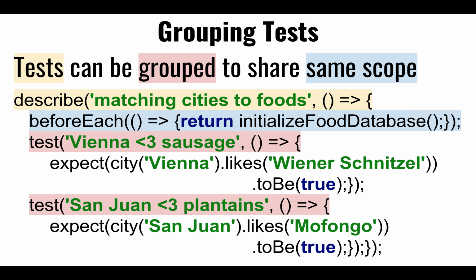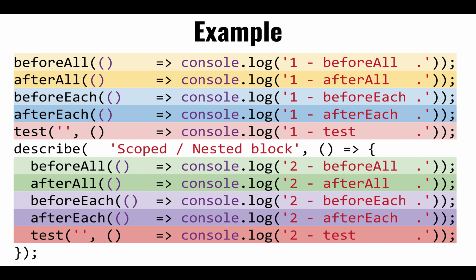Those two tests are treated as one single thing. So for instance, the before each would run before this describe, and then the teardown would run after these two run, and internally you can then just describe a before each for each one of the internal ones in here. So let's look at an extended example.